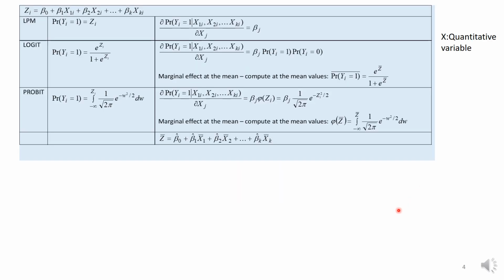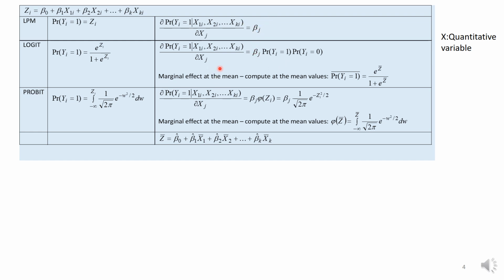Now we just give you the summary of what we have done. If you have your probability models, for LPM, the marginal effect for a quantitative variable is a constant.